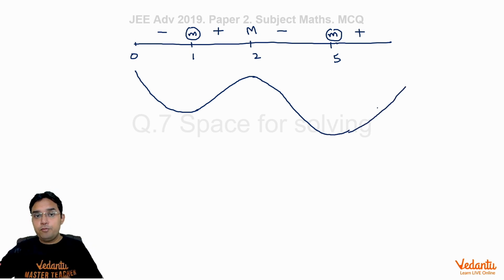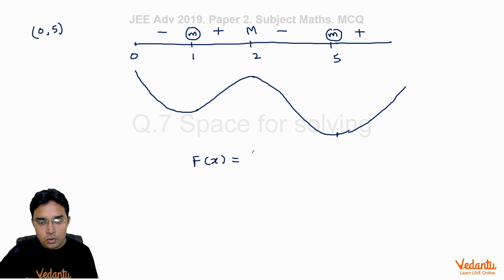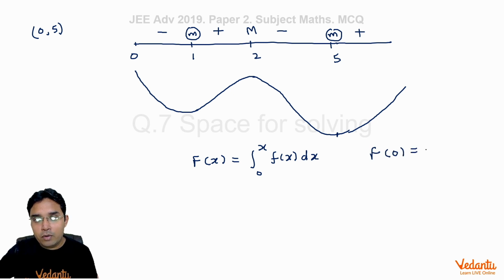Okay, now we have to find whether between 0 to 5, does it have value equal to 0 or not? And we have to find this in (0, 5). Our F(x) function is the integral from 0 to x of f(x) dx, which means obviously F(0) will be equal to 0.